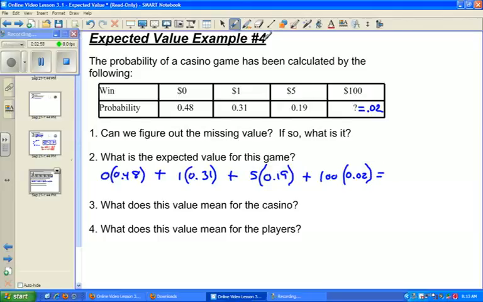And we'll need to calculate each of these values to see if we can figure out the final answer here. So 0 times any number, in this case again, is 0, plus 1 times 0.31 is 0.31, plus 5 times 0.19, that is 0.95.